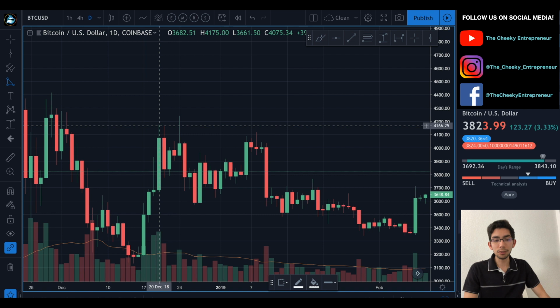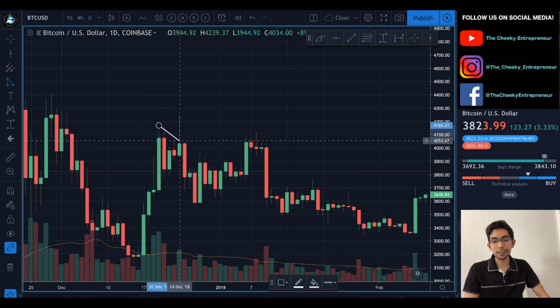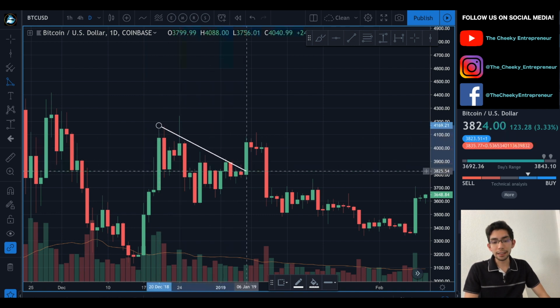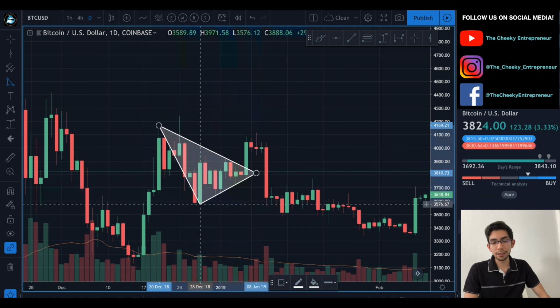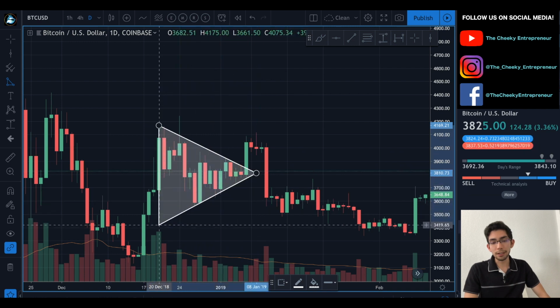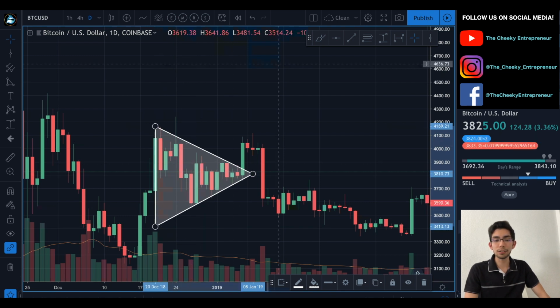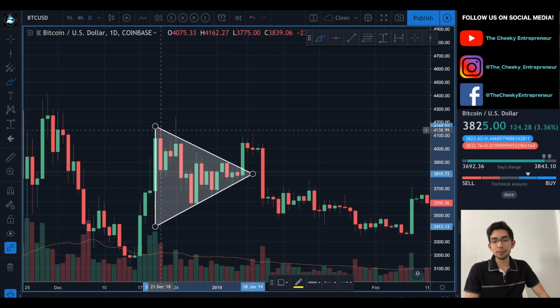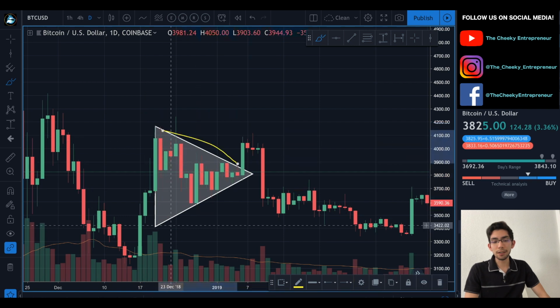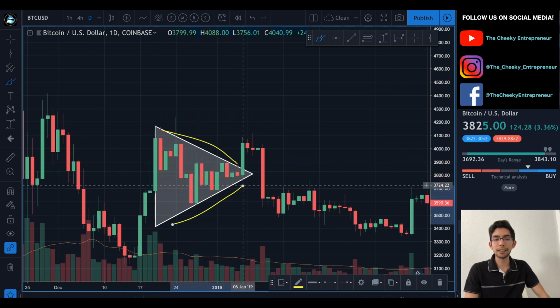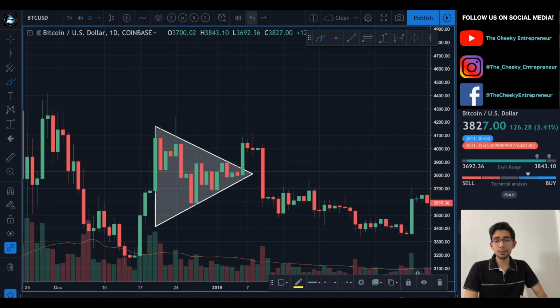But here you can notice that you have kind of a resistance forming in this way, and then you also have the similar thing going from the downside. And as you see, there is not a clear bias on where the price is actually going, because you have a downtrend in here, but you also have an uptrend from the other side, and that's what characterizes this neutral or asymmetrical triangle.